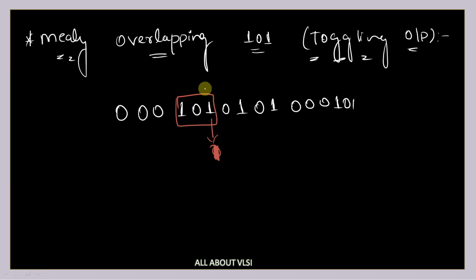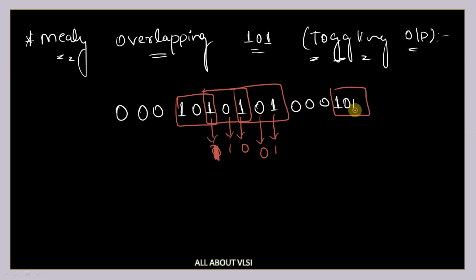Since it is an overlapping sequence, you can overlap with the previous sequence and your output is becoming 0 here. And your output is becoming 1 here. And again, your output is becoming 0 here. Up till here, it will be 1 itself.